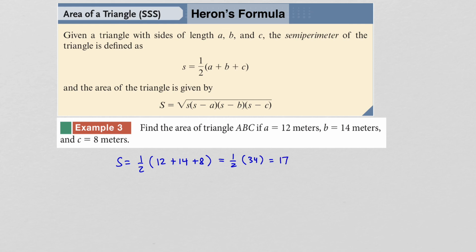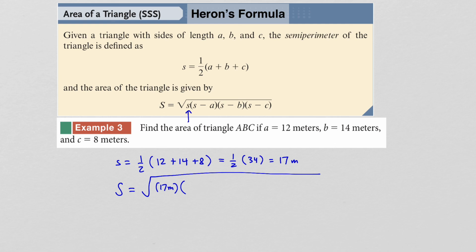And technically that would be in meters. That's the semi-perimeter. Now that is a small s, by the way, because a large S is the area of the triangle. And we know the area of the triangle is a big square root. And we're going to start with the semi-perimeter, so that's going to be 17 meters.